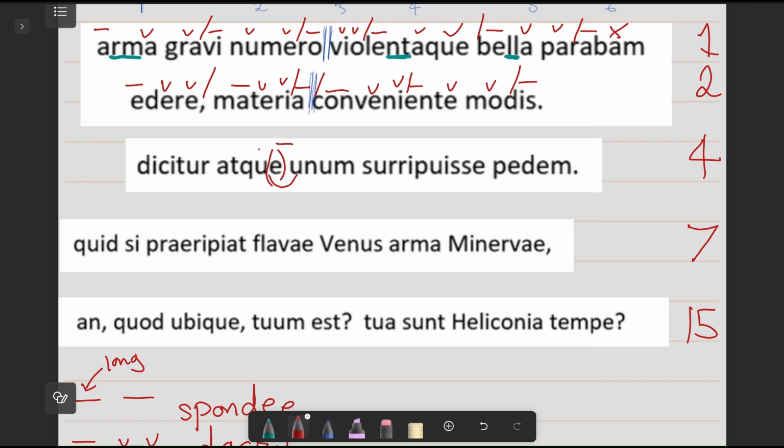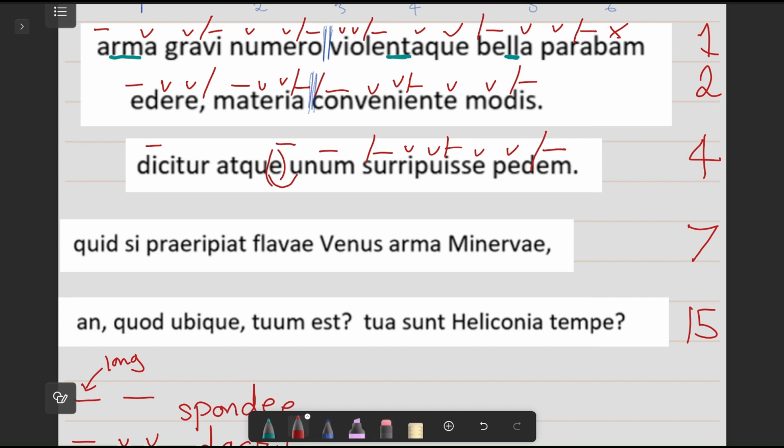So let's put a long on top of that, unless proven otherwise. Then of course we have long at the start, long at the end, the half foot, then the 2 dactyls, surrepuisse, because puisse is 2 syllables. They're pronounced differently.